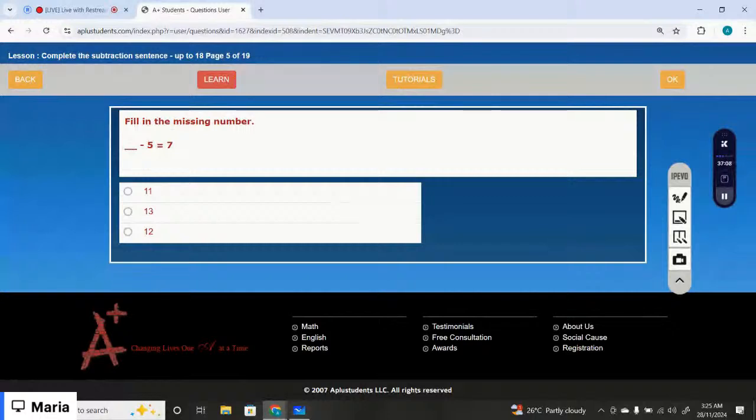Fill in the missing number, which is the correct option. Twelve minus 5 is 7, so the missing number is 12.